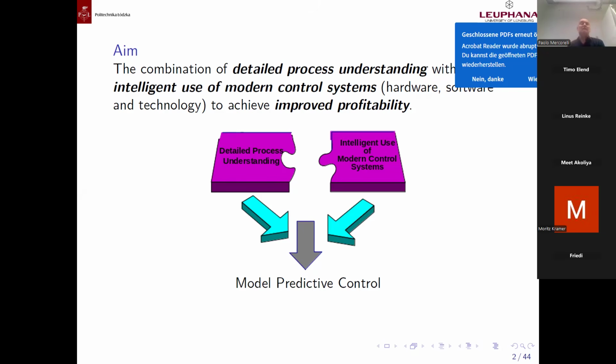Using this description, this model, we can predict the future. We will see what I intend. The other aspect necessary in this method is an intelligent use of the control strategies, and this is the optimization. The intelligent control strategies nowadays are considered to be optimal control.